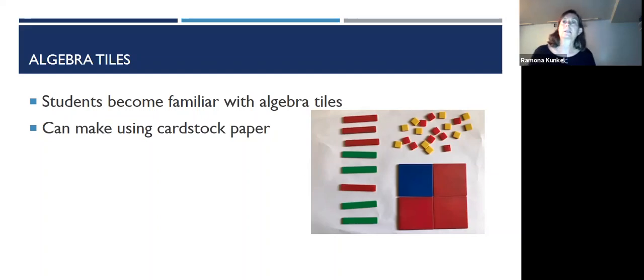But in case it's something that your program might use, you might want to consider using them at an earlier phase. With these algebra tiles, and I'm going to be honest, I can't remember where I got them from. It was some workshop. But they are color coded, one color on one side and a different color on the other side. So you can use them, again, just can't access the link.